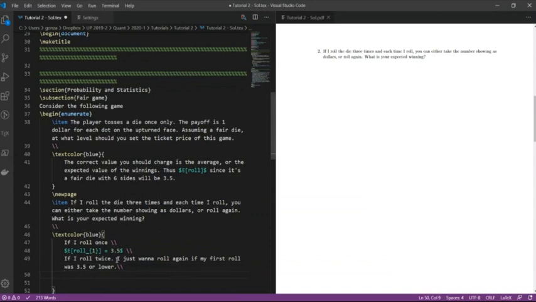Now, where does that leave us? What's your chance of rolling a 3.5 on the first roll? Oh, my bad. You cannot roll a 3.5 on a six-sided die.